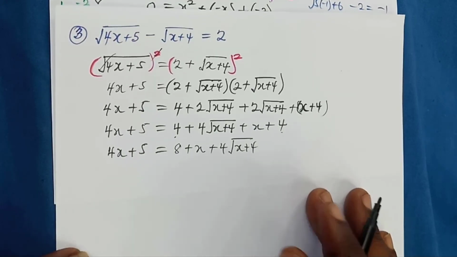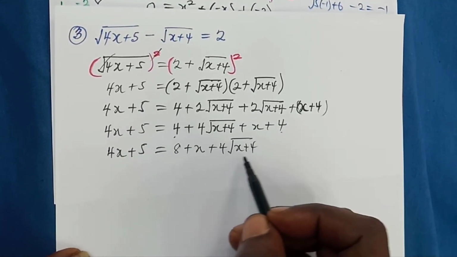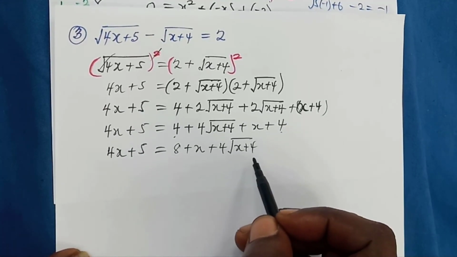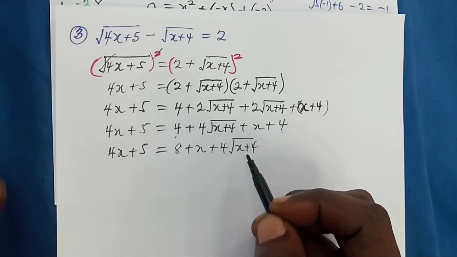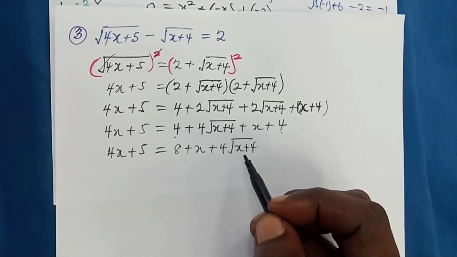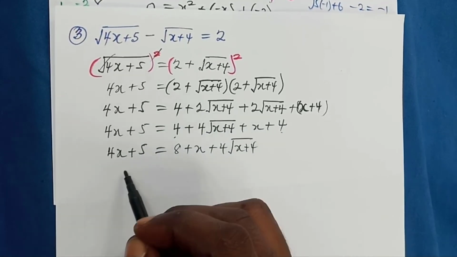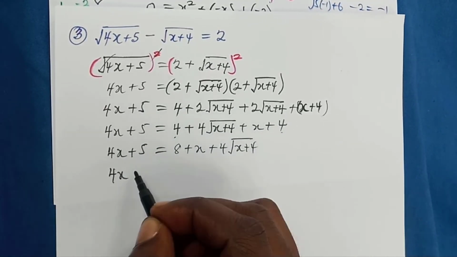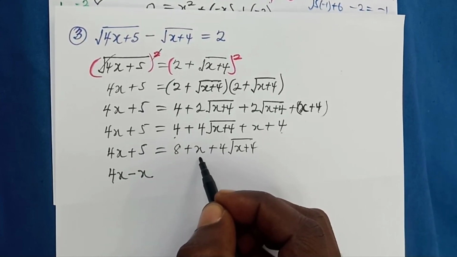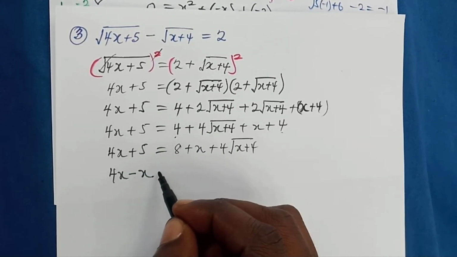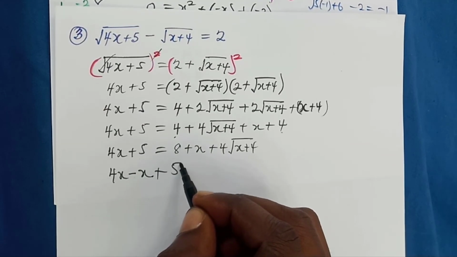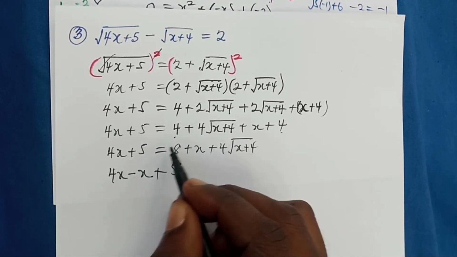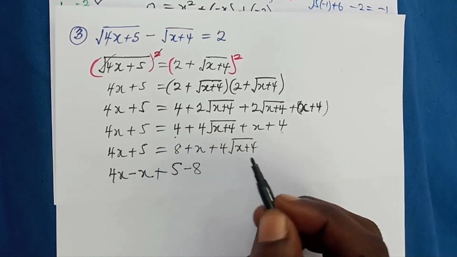All right, so now we still have the root in our equation, so we have to do away with that root as well. But first let's move this one to the other side, so that we'll have 4x minus x. This is positive here. When you cross, it becomes negative, plus 5, and this is also positive. When you cross, it becomes negative.